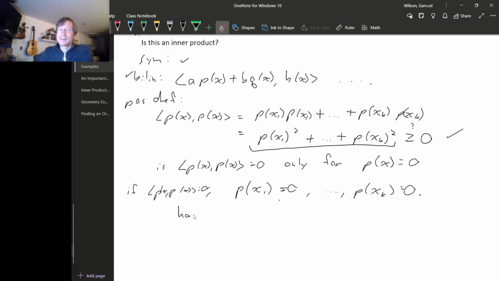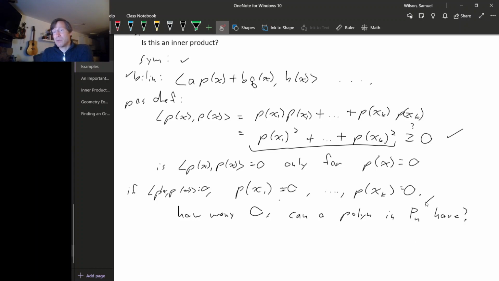How many zeros, how many roots can a polynomial in Pn have? Well, Pn is polynomials of degree less than or equal to n. So polynomials in Pn could have as many as n zeros, right?